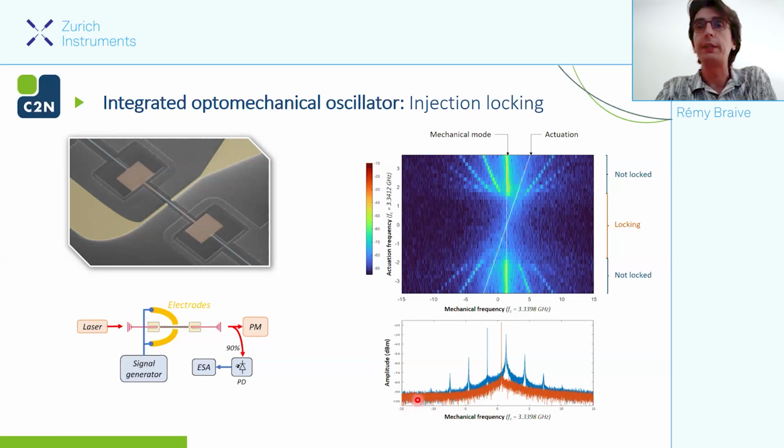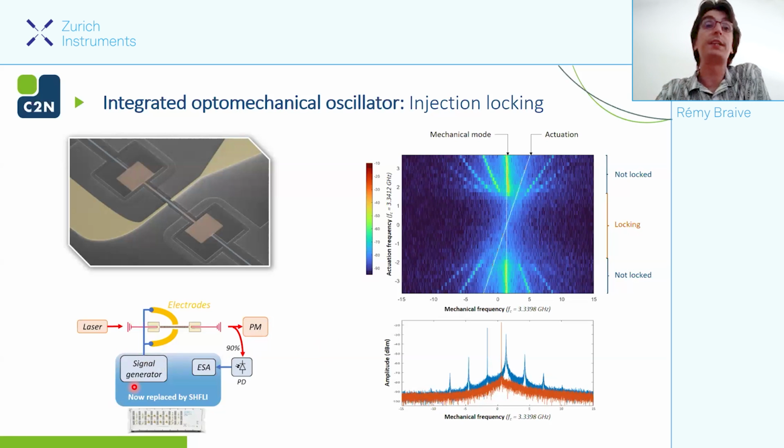And here at the bottom are two spectra at two slightly different frequencies, and we see in orange, when it's locked, that we have only a really sharp peak when the mechanics is locked with the drive. And it is with this that we will try to do the feedback loop of our system.